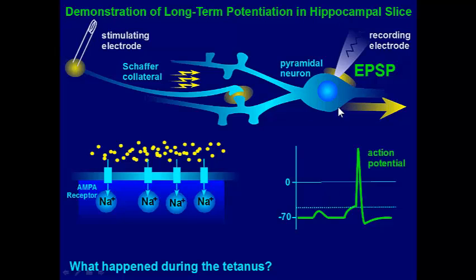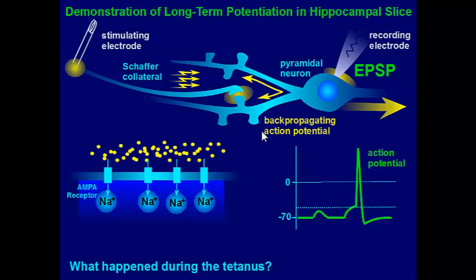And this action potential, of course, goes along the axon and ultimately will lead to neurotransmitter release somewhere else in the brain. Now, a special property of neurons that are involved in learning and memory is that they have the capacity to carry this strong action potential not only along the axons but also back into the dendrites.